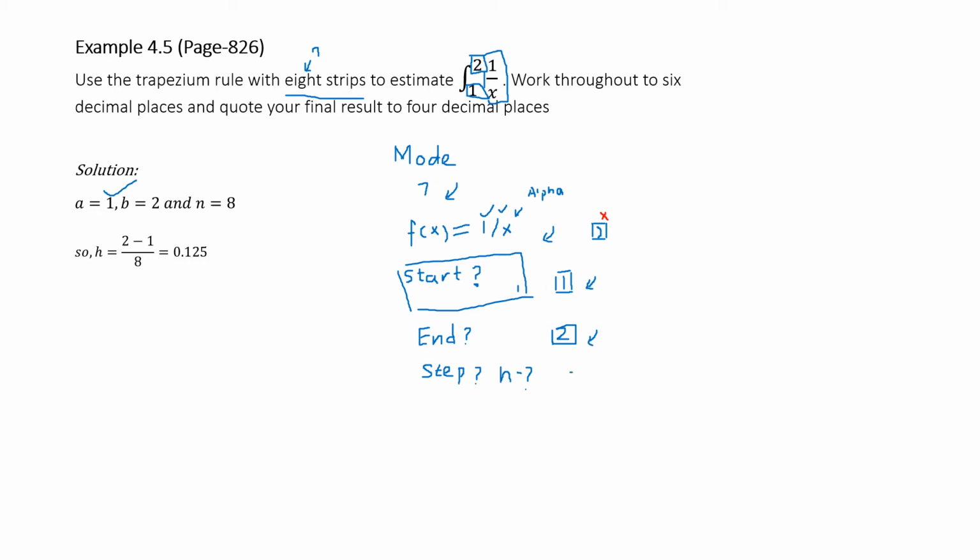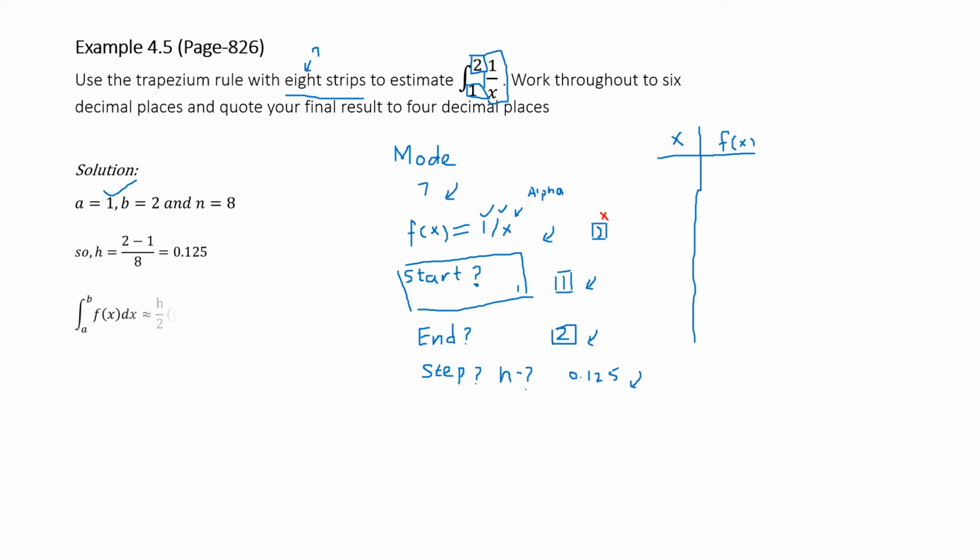We will write 0.125, and after clicking this we will find a table. The calculator will display the table in this form. This is x, this is f(x) or y. The calculator will display like this. Okay, I have done this with the calculator.